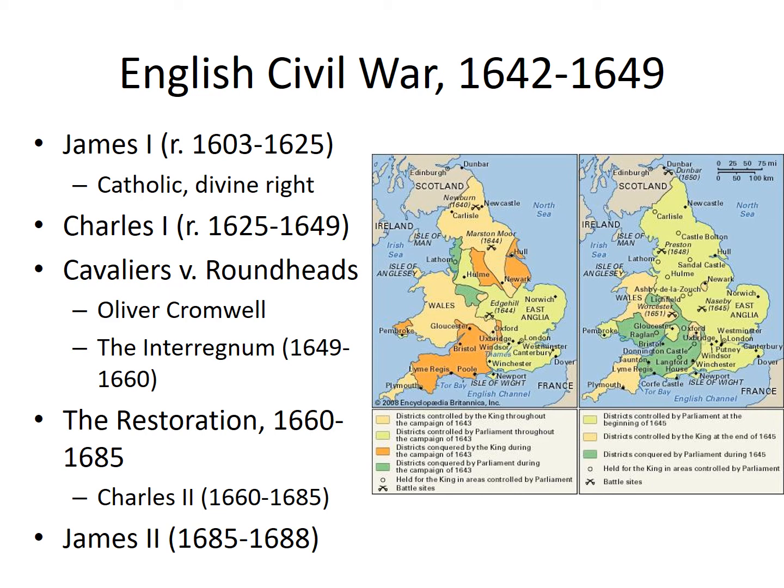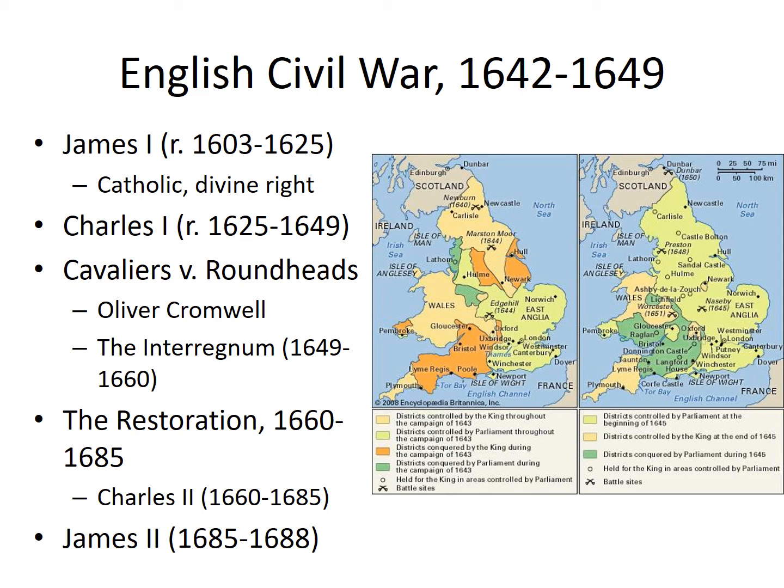This will lead to the interregnum period, 1649 to 1660, where Oliver Cromwell, who had led the parliamentary forces, the New Model Army, that were the army for the Roundhead forces, will be the head of the government for a while. It will be the Commonwealth.